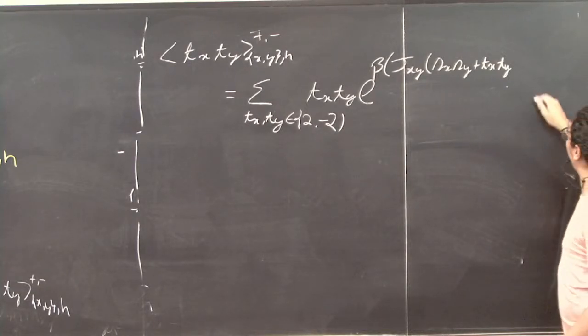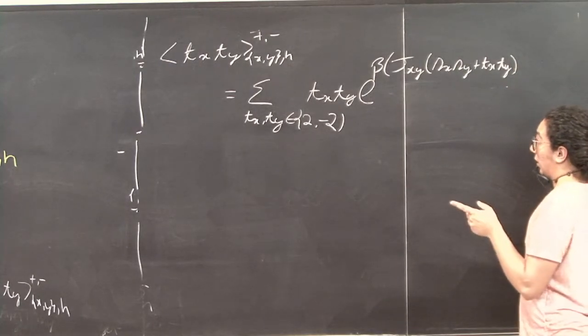Okay, so this is the interaction between two spins, and now we have external fields.